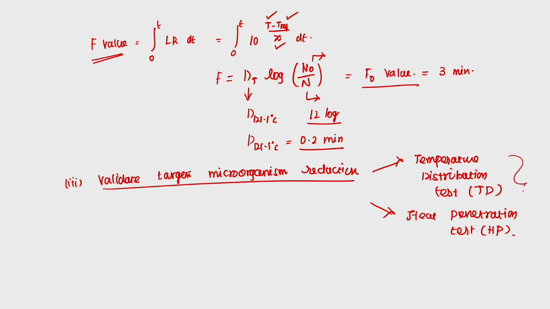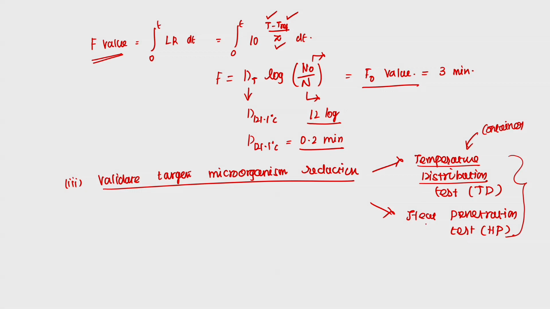So what are all the sensors used to calculate the temperature distribution and heat penetration. The temperature distribution is what is happening in the thermal processing container. It says how the temperature is distributed throughout the container, but the heat penetration test is for the food products, right. The rate of heat transfer from the can wall to the food product. That is the heat penetration test, right.